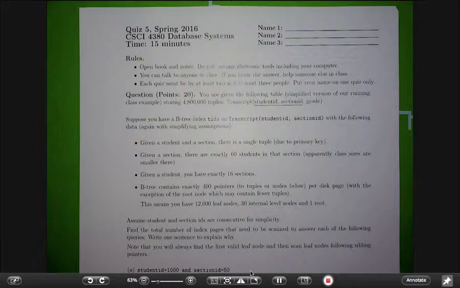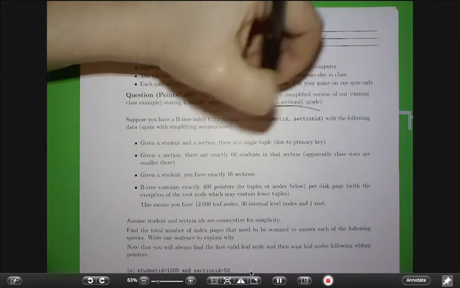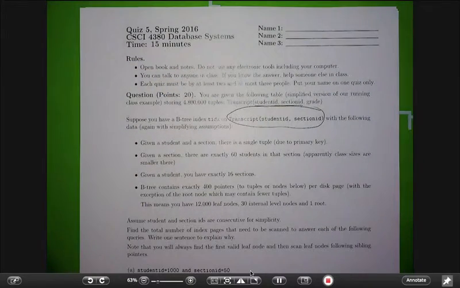So the idea here was that we had an index. The first thing you care about is how the index is created. The index is created by sorting on student ID first and section ID next, right? Remember we did an example in class where you had two attributes. You sort by movie ID or actor ID, or actor ID or movie ID.